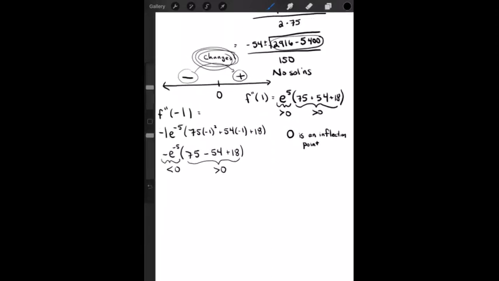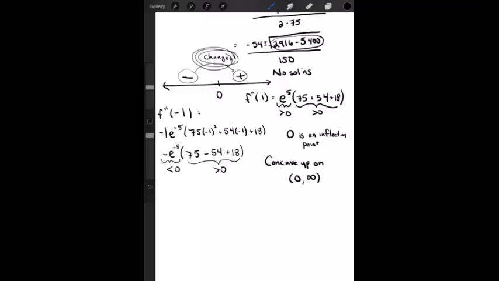And we're not on top of our game remembering the rules today, so I'm not going to spend too much time on it. But if we look back at that section, then the function is concave up on 0 to infinity, because that's where it's positive.